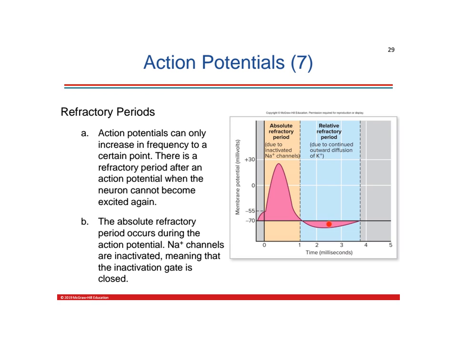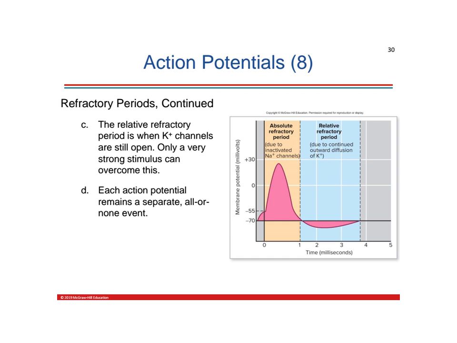Now, during this relative refractory period, you can overcome both of these things: the fact that some of the sodium channels are still inactivated, and the fact that there are voltage-gated potassium channels that are still open. If you give a strong enough stimulus, you can in fact get another action potential within the relative refractory period. Another point is that each action potential remains a separate all or none event. The action potentials never fuse one into another. They always stay separate events.